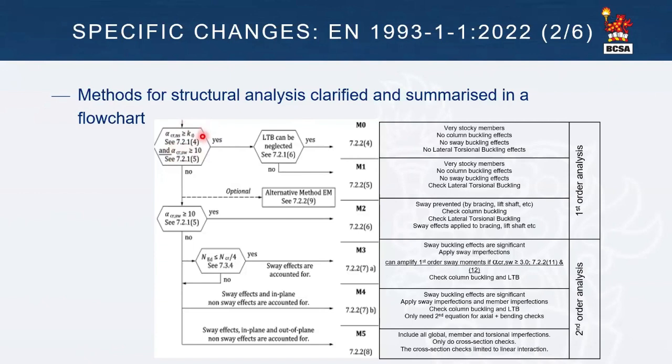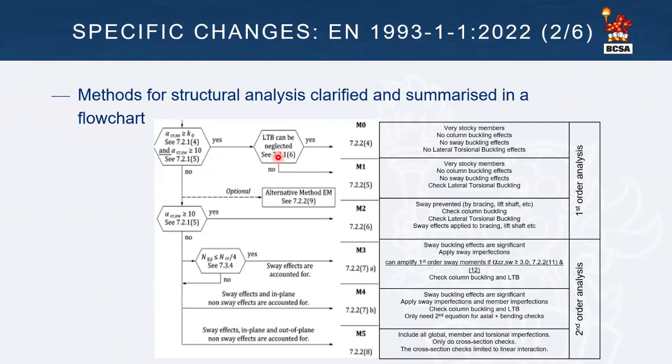There's also a value here for alpha-cr,S that should be greater than or equal to 10 for application of these two methods. And in this case, you won't need to consider any buckling effects. There may be lateral torsional buckling, and paragraph 6 in 721 tells you when you may neglect these effects.